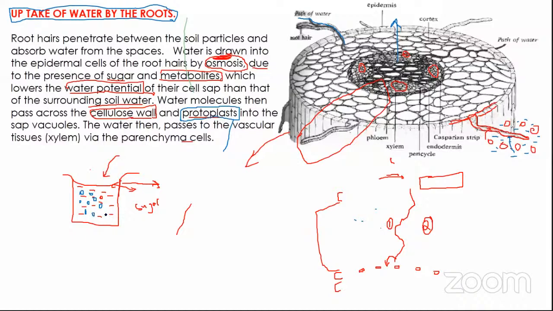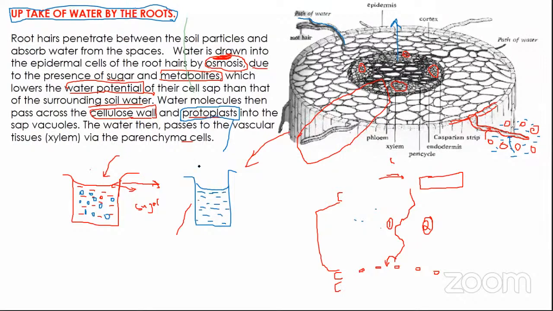So normally, a solution with more solute has a lower water potential than a pure solution, because a pure solution doesn't have solute, so its molecules can move very fast and freely because nothing is obstructing their movement.